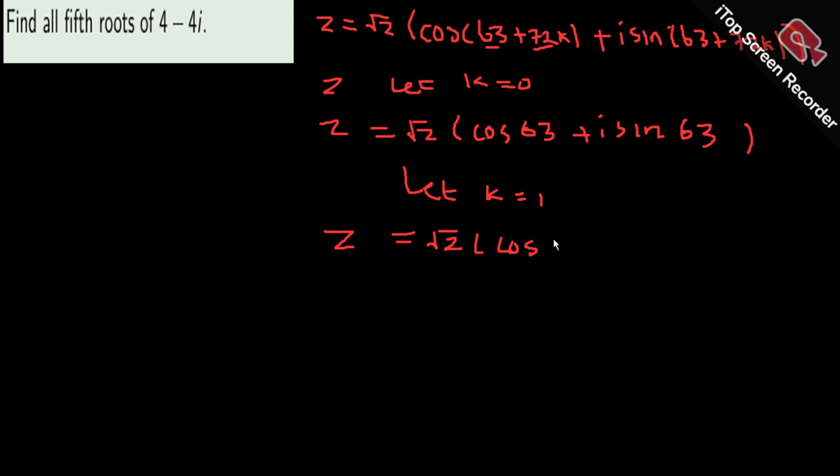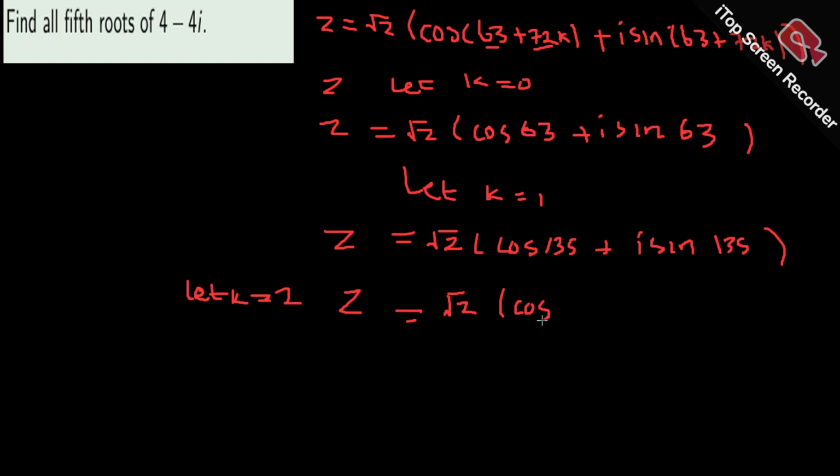Okay, so we're getting 135 plus i sine 135. Okay, so again you let k be equal to 2. Okay, so when k is equal to 2, what you have is 207 degrees plus imaginary unit times sine 207.